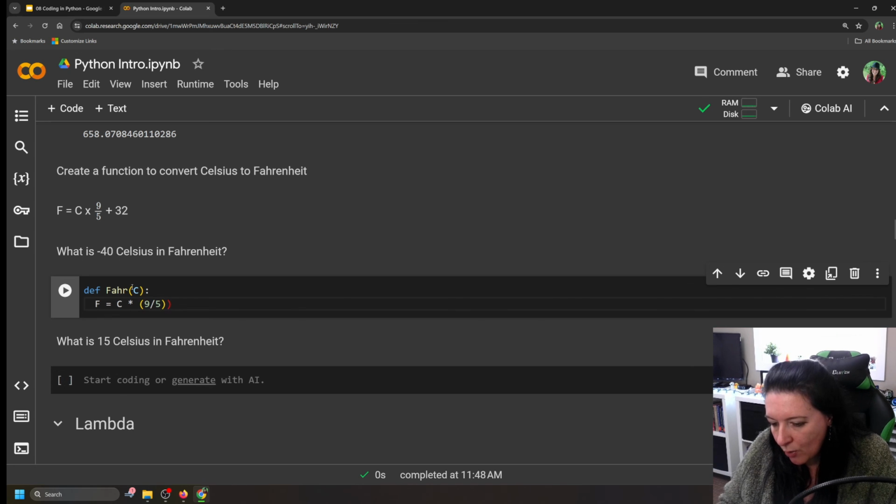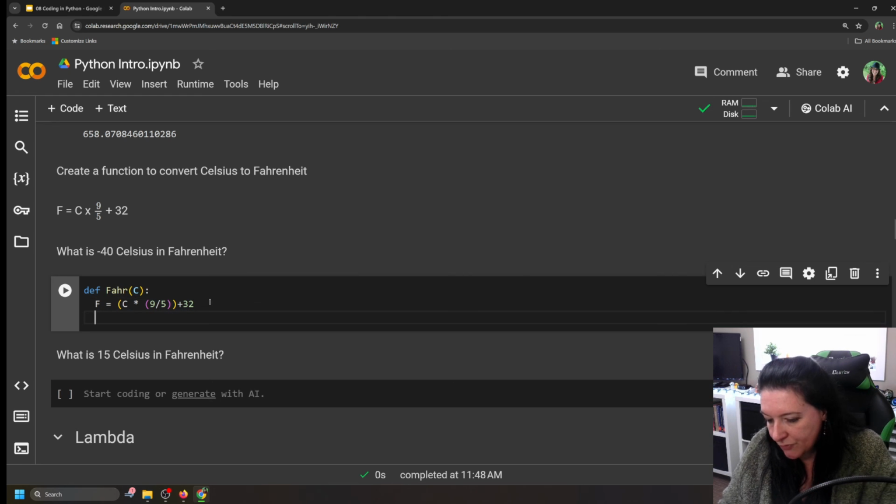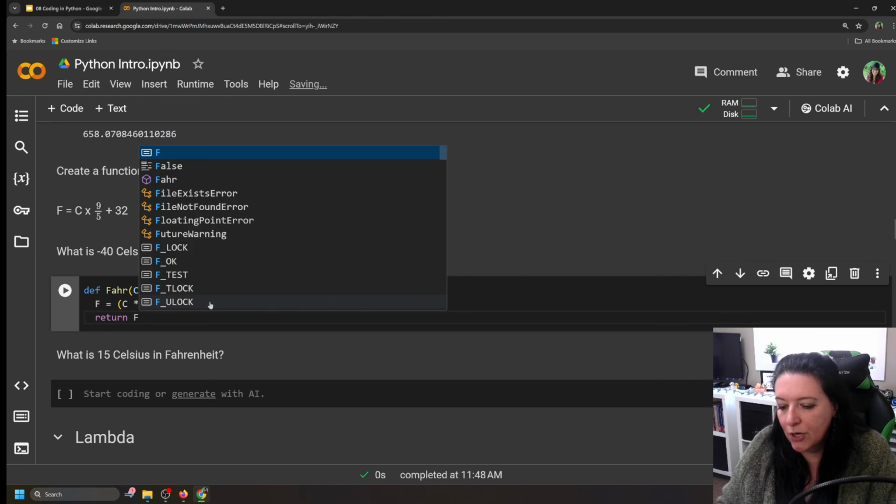And we have our order of operations here. We do the multiplication before the addition. So just to make sure that it is doing it in the order we want, we can put our extra little parentheses there to make sure the multiplication happens first. And then have it return what we'll call F.